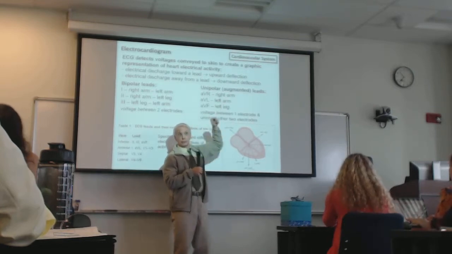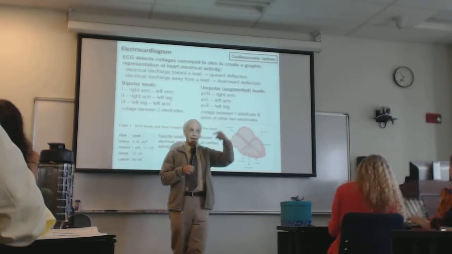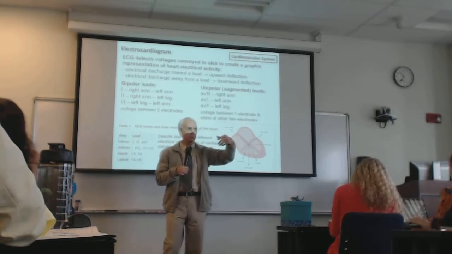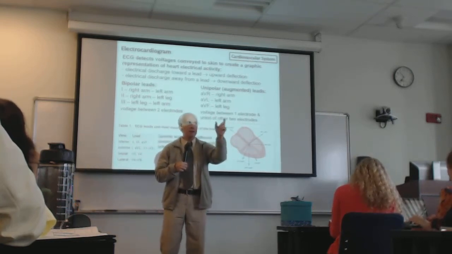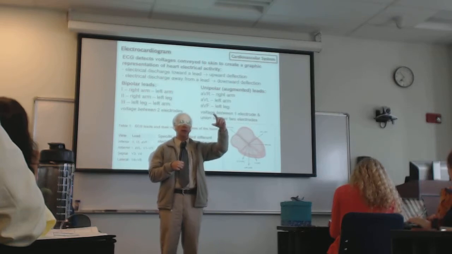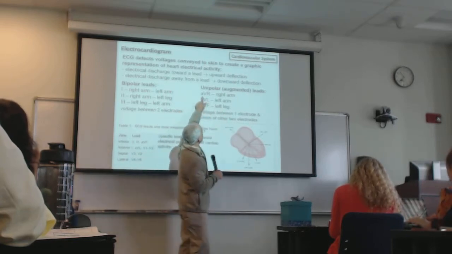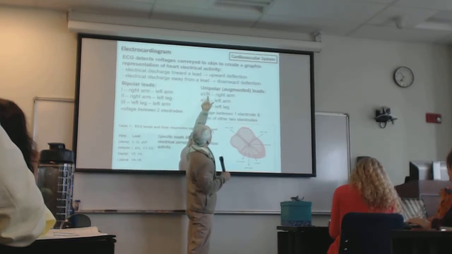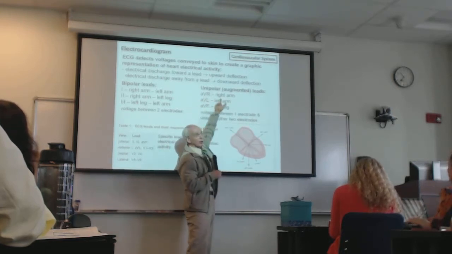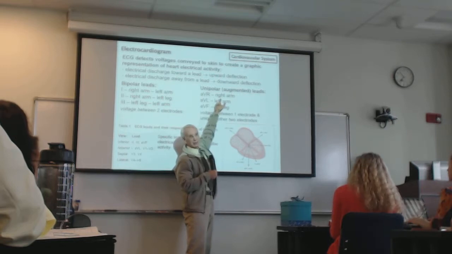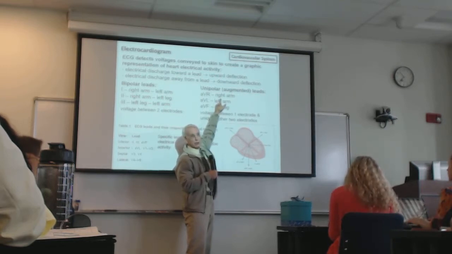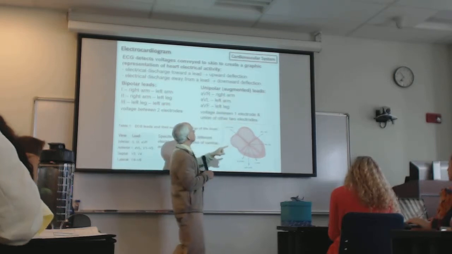So not the simple difference, I'm getting an average. It's called Wilson's something or another. Getting the average of those 2, and then my voltage will simply be, in the case of the augmented voltage right, between the right arm and again, let's simplify and say the average of the other 2. That's what differentiates a unipolar lead.